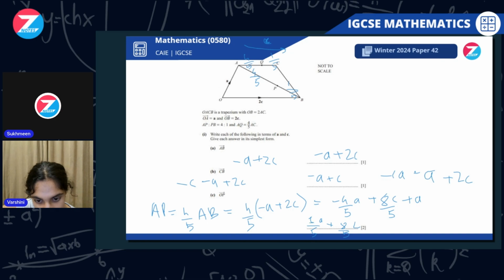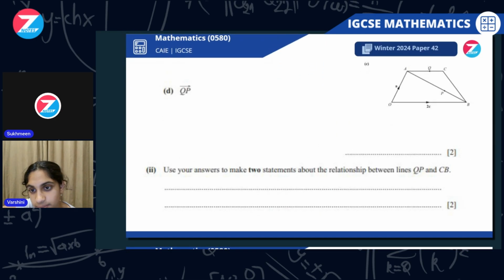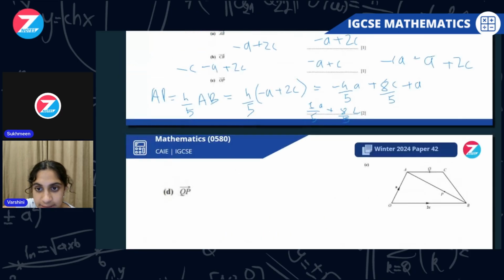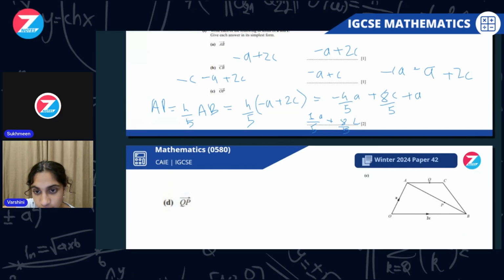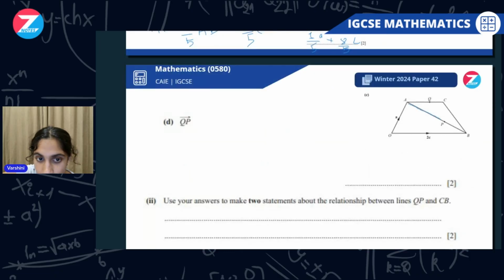Okay, move down. Okay, now they want us to find QP, which is Q to P. So we already know AP; we found AP as this, minus 4 by 5A plus 8 by 5C. I'm just going to write AP equals minus 4 by 5A plus 8 by 5C.